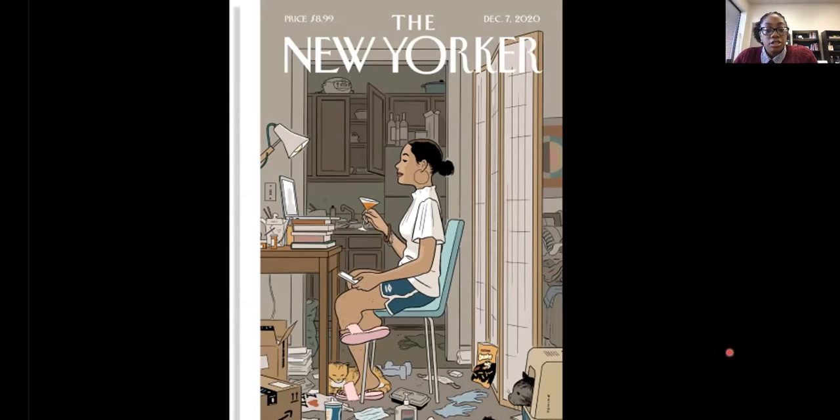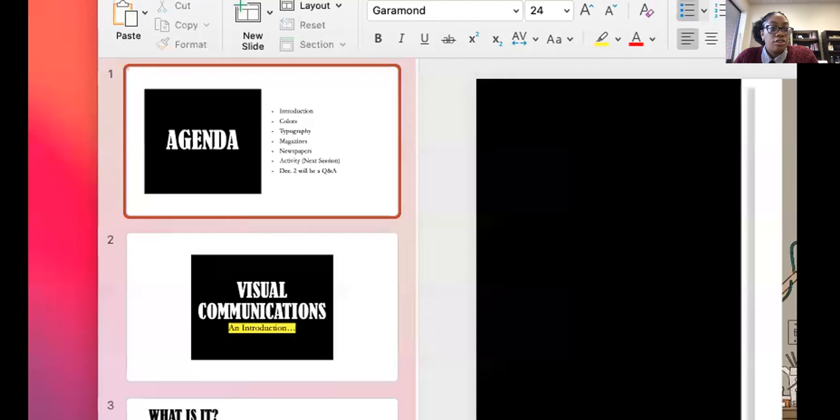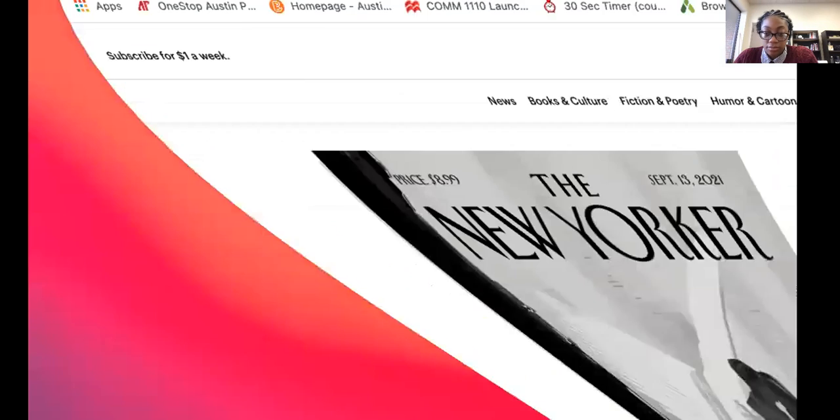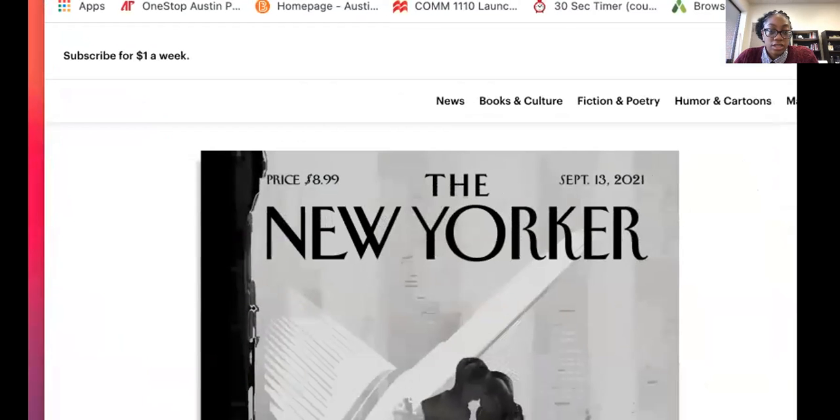Now, some of the earliest forms of illustration were in Harper's New Monthly Magazine, which is now Harper's Bazaar. And then for the New Yorker, one of the latest issues is for 9/11, and it's a very beautiful image. So let me exit out of here real quick. Then let me click here.